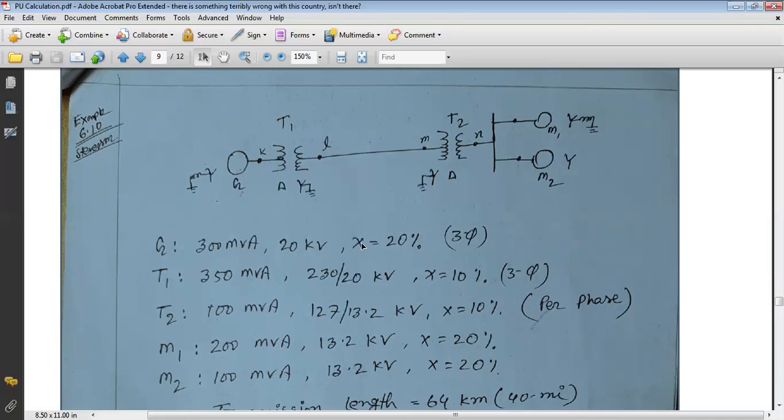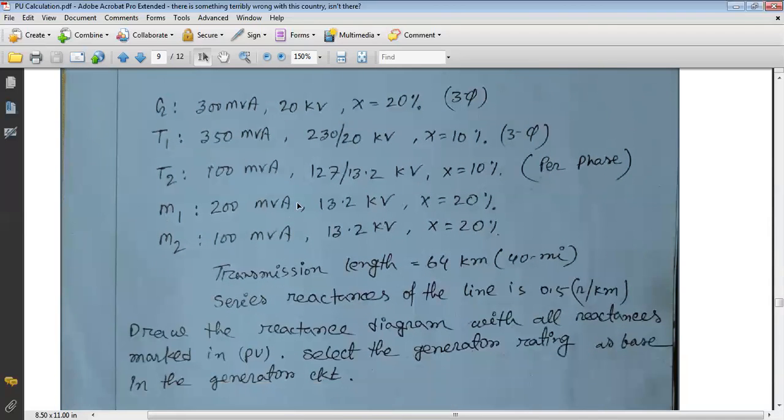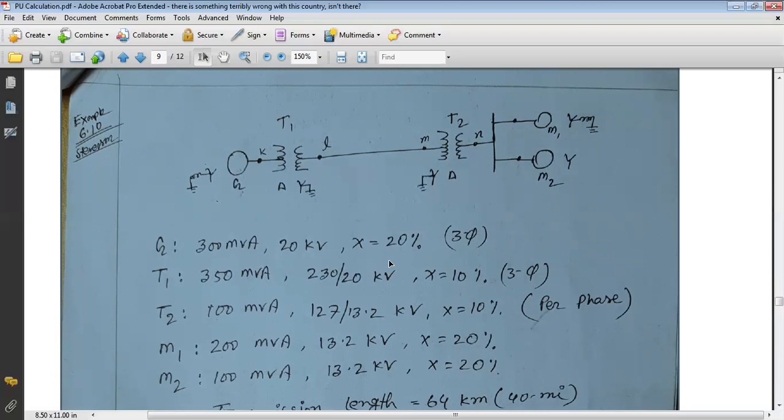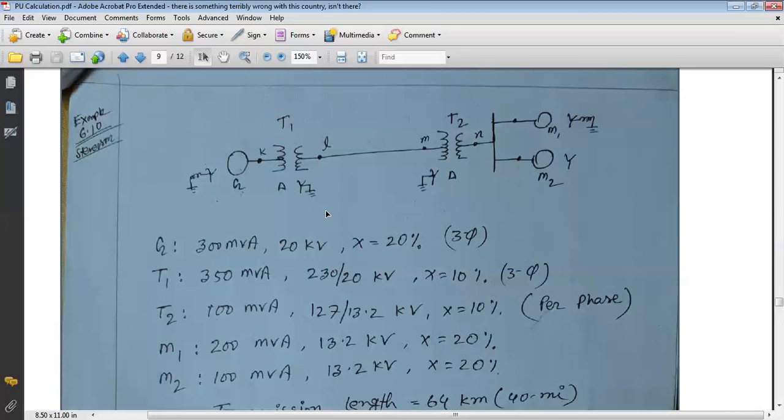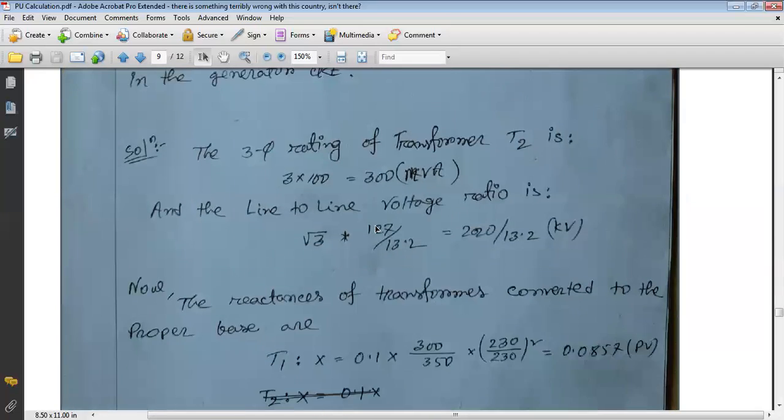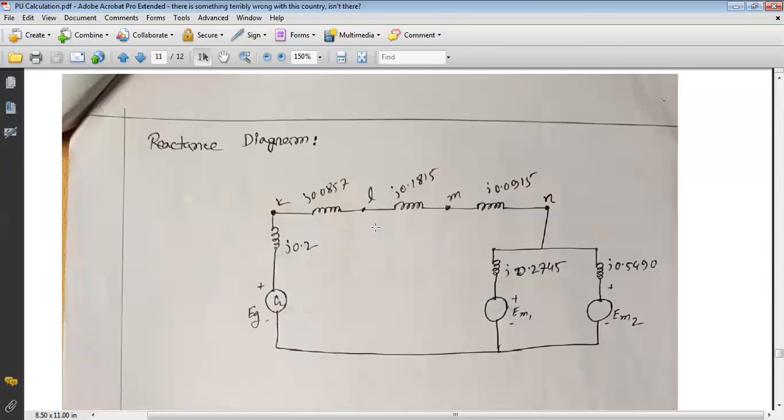If the base voltage is given as 10 kilovolt, then there is no match here, so we can start our calculation from the generator side, or from the motor side, because there is no match with the given ratings. If the base voltage perfectly matches a particular device, then we calculate starting from that device. So this is the full solution of this problem.